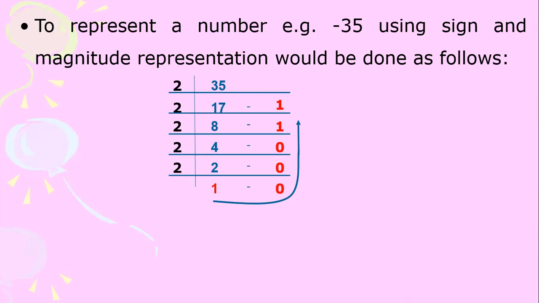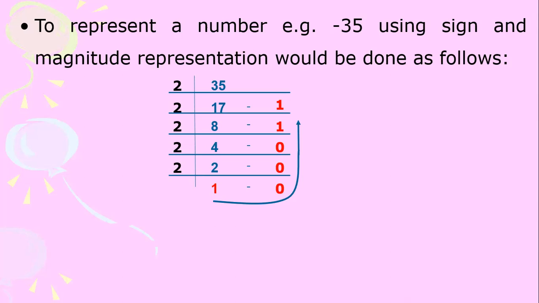Therefore, when we continuously divide 35 decimal by 2, in other words, when we convert 35 into its respective binary number, we get 1, 0, 0, 0, 1, 1.